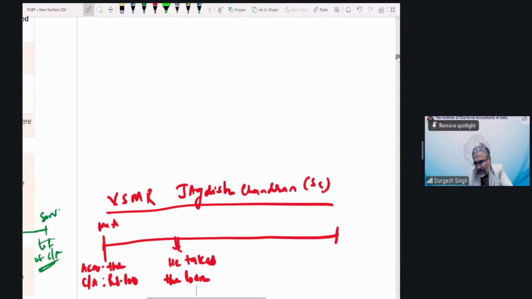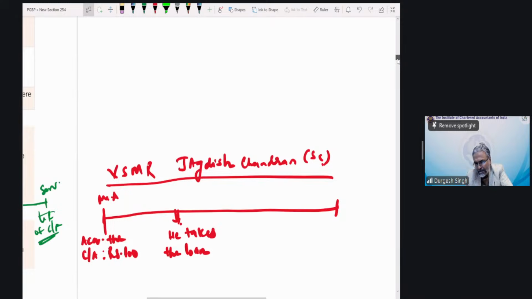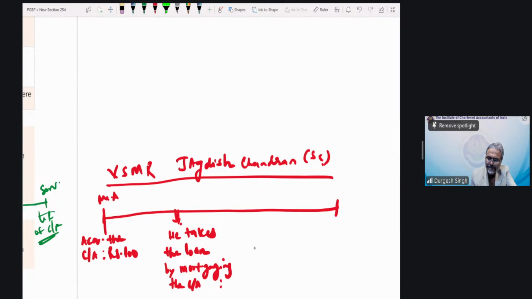He takes the loan by mortgaging the capital asset. Let's say the capital asset is a house property and he has taken the loan of 30 or maybe say 50. Okay.